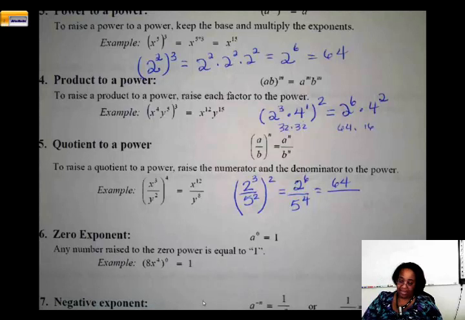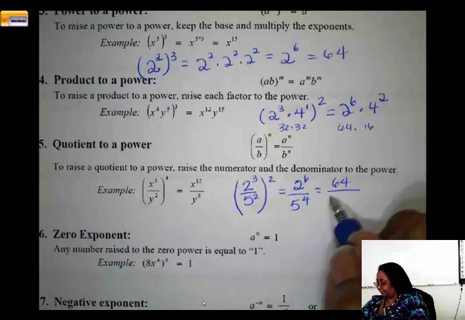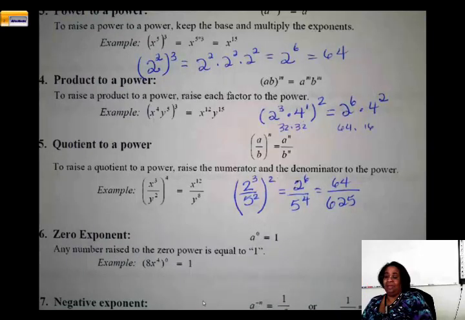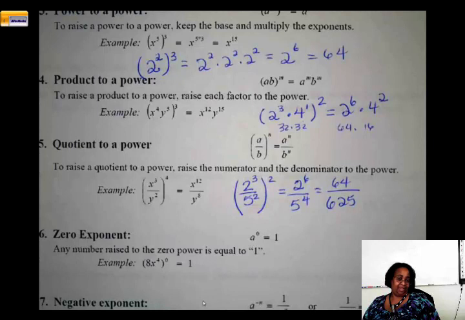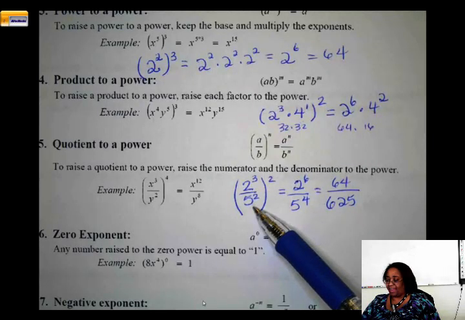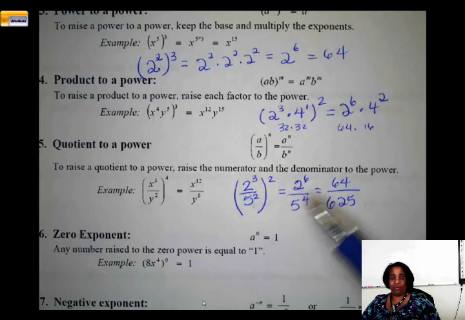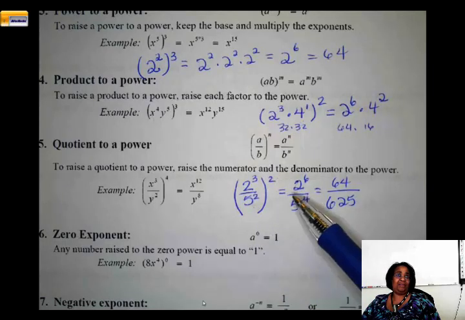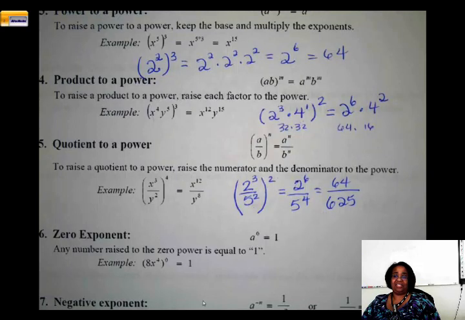And then 5 will be 25 times 25. 625? Yeah, that's what I got. 64 over 625. And we can't reduce anything. No. Okay? So even if I just did 8 over 25, and then I square that, I would still get 64 over 625.